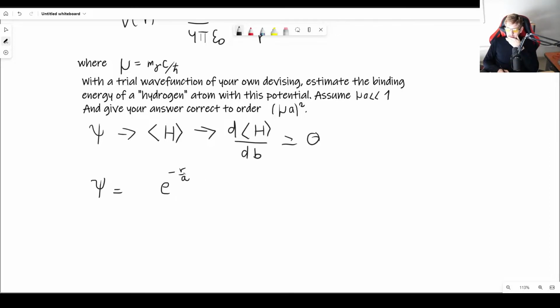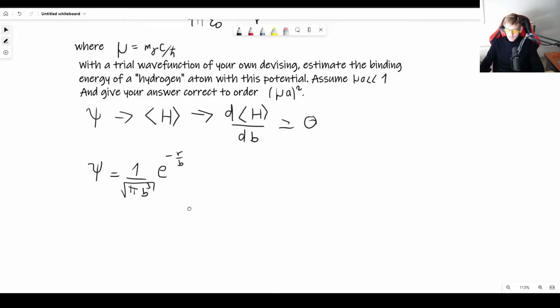So it wouldn't be crazy now if we said, all right, let's take a and turn it into a variational parameter that we will call b. And for that reason, the normalization constant is now pi b cubed instead of pi a cubed, inside the square root, of course. So we could try this wave function. It's quite similar to the normal hydrogen atom, but we don't really expect there to be a behavior that is too different from what we usually see. But again, this is just a trial wave function, so there's a lot of art involved.